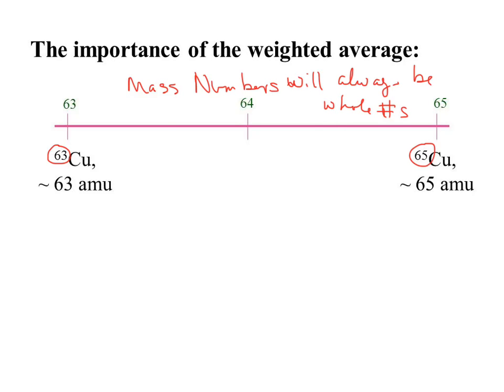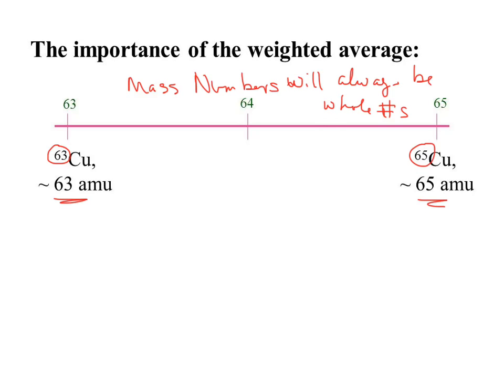Because by definition, you are counting protons and neutrons in the nucleus. You can't have a part of a proton or a part of a neutron. Now, I mention that because the mass numbers can be used to approximate how much they weigh. So with a mass number of 63, it's going to weigh approximately 63 AMUs. Mass number 65 is going to weigh approximately 65 AMUs. The mass itself, though, is definitely not an integer.